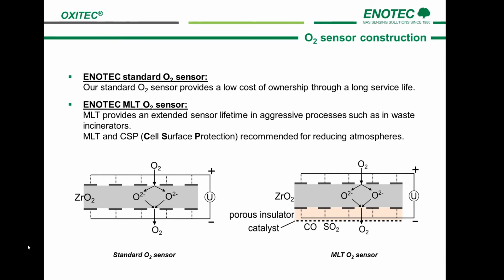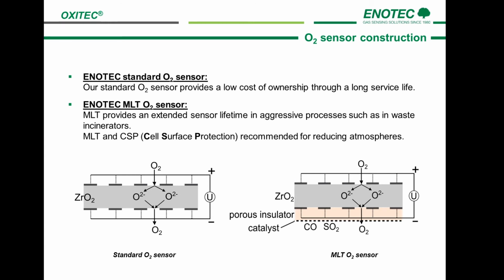In addition to our standard O2 sensor, which is highly robust and has a long service life, ENOTEC produces an MLT O2 sensor. MLT is an acronym for multi-layer technology and is recommended for protection against aggressive components in processes such as waste incinerators or sulfur plants.